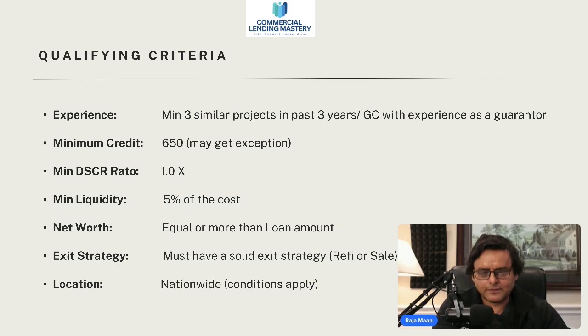It can be zero, but if the loan is $10 million, I would say $2.5 to 3 million may work, provided you have other great assets like experience, credit, projects you have done in the past, and debt to income ratio. You must have a solid exit strategy: refi or sale or permanent financing. Refi is permanent financing. Location: nationwide, conditions apply.